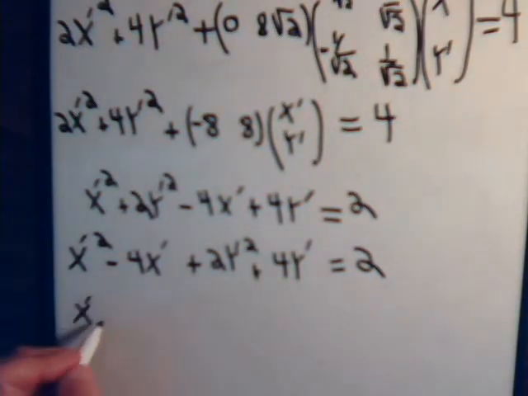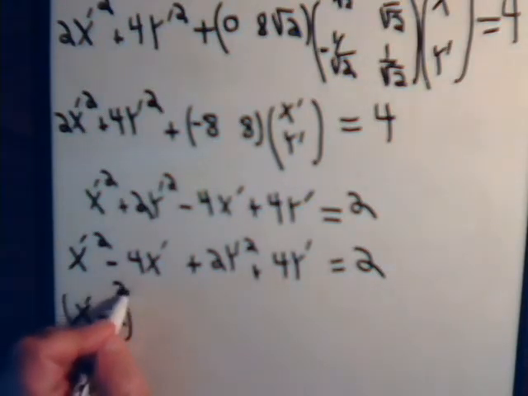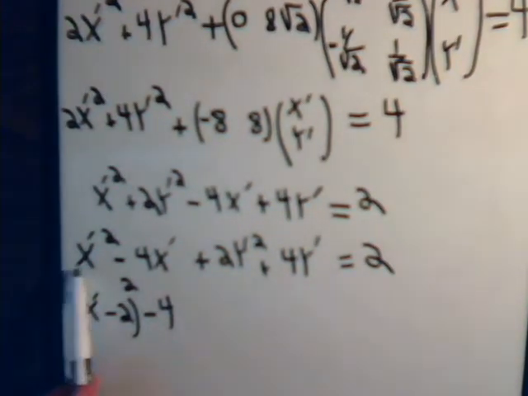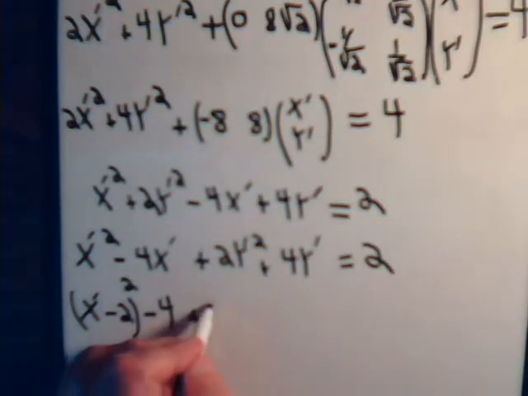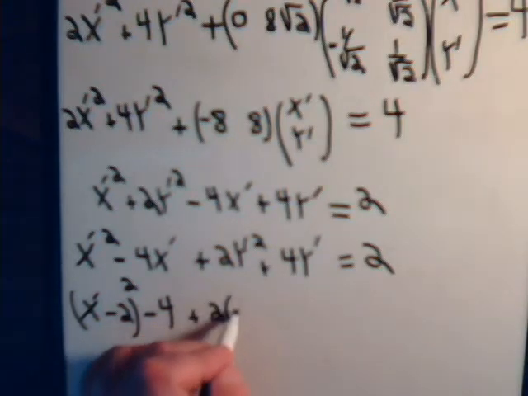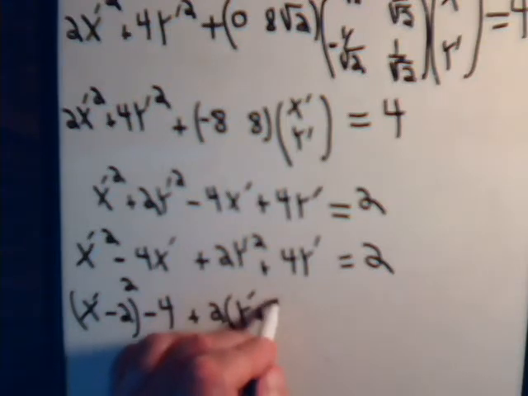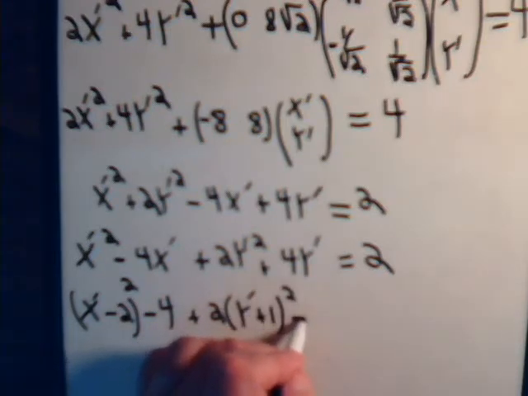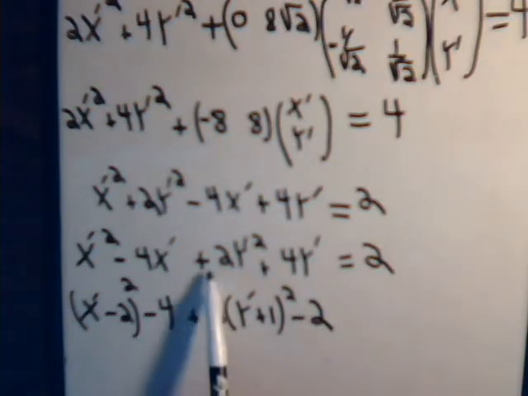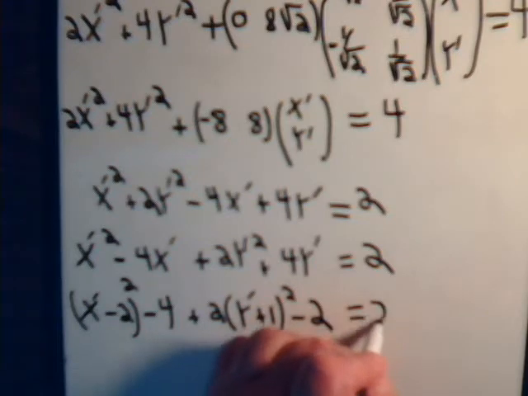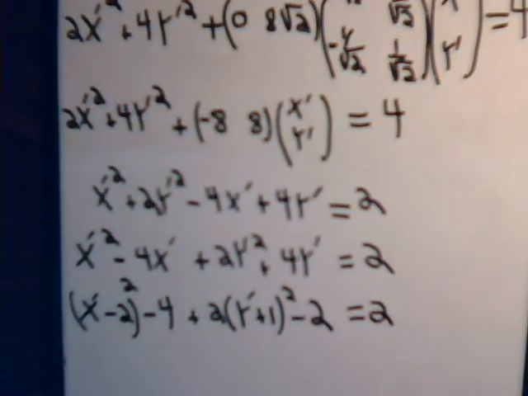Then when we complete the square, we have x prime minus 2 squared minus 4, plus 2 times y prime plus 1 squared minus 2, equals 2.